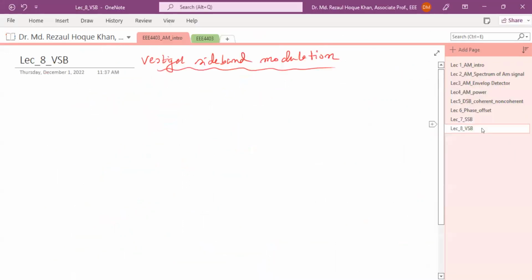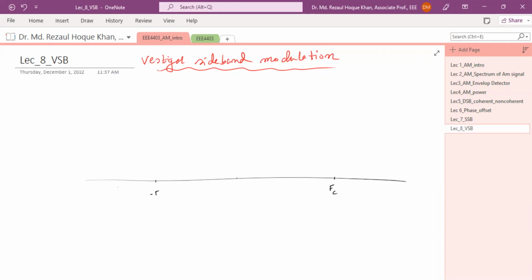Okay, so let me draw this previous example. In the upper sideband mechanism, we have FC and minus FC.